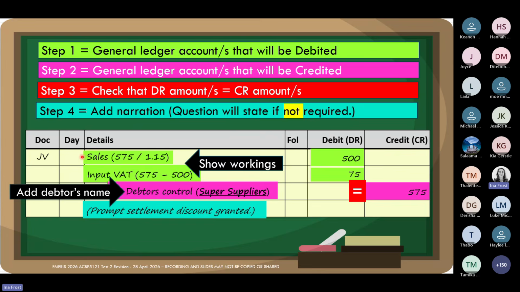We're actually debiting sales here. So this is the opposite to how we would normally record a sale, because normally we would credit sales, credit output VAT, debit debtors control. But as you can see, this transaction is the opposite of your normal credit sales transaction. That's why we're also changing here to input VAT, and it's not output VAT, because this time we're debiting the VAT account. And if we debit a VAT account, we always go to the input VAT account.